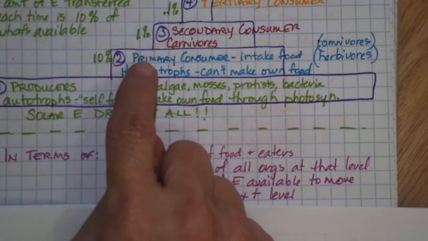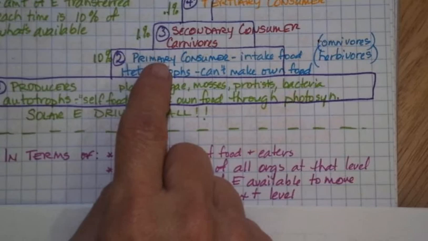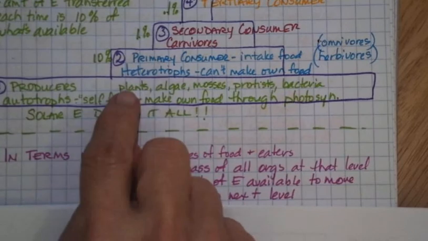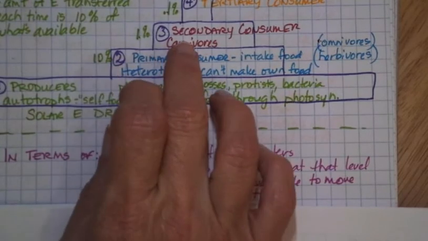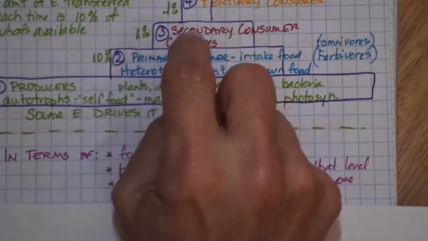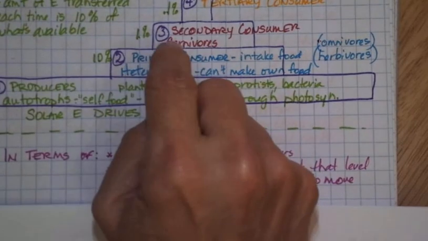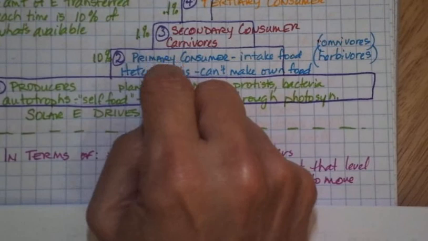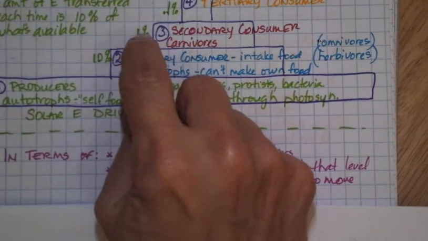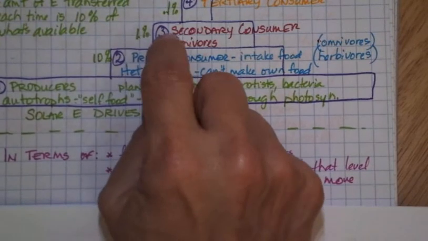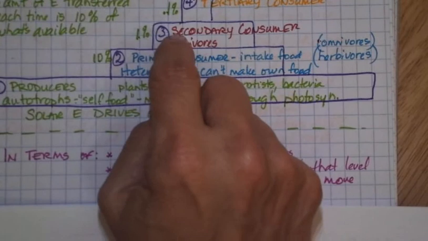He eats the food to get the energy, but 90% of that is used up by this primary consumer's body. And that means only 10% of what we started with is available to move on to the third tier up here. This guy, out of the 100% of the food that he gets, is going to use 90% of that, and in his body there's only 10% left.